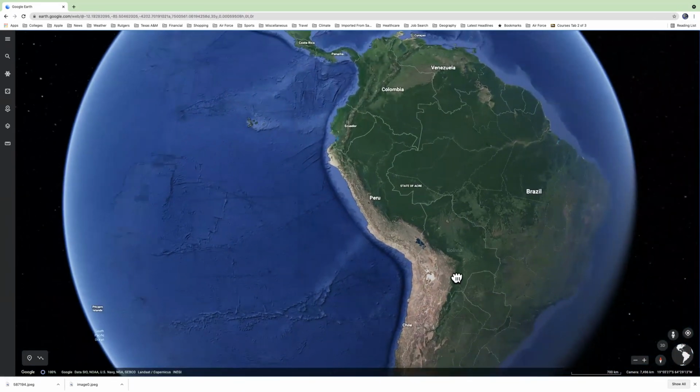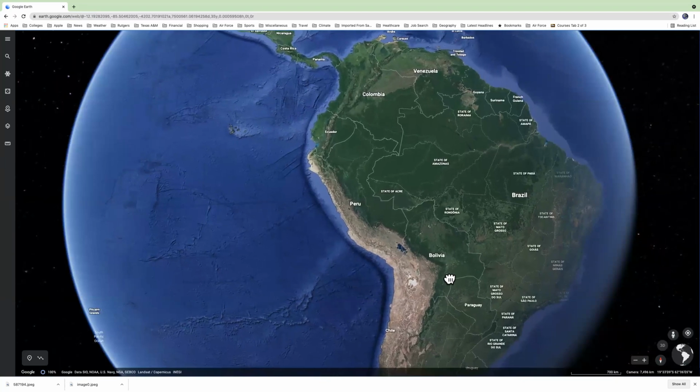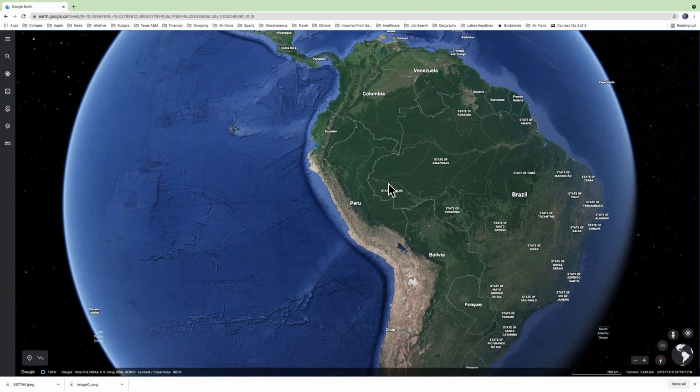In addition, Google Earth allows you to see things like the interaction between this tectonic plate and, for example, this plate. And where that connection is taking place, you get an oceanic trench. So you get a very deep ocean next to an immediately very tall mountain chain, like the Andes. So this allows you to see this pretty well.